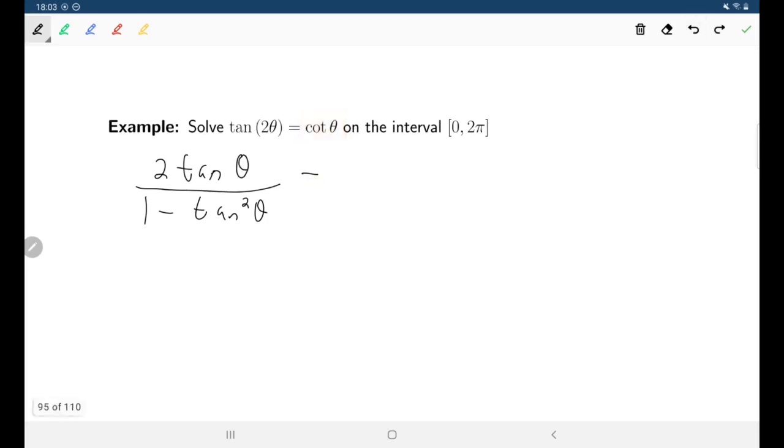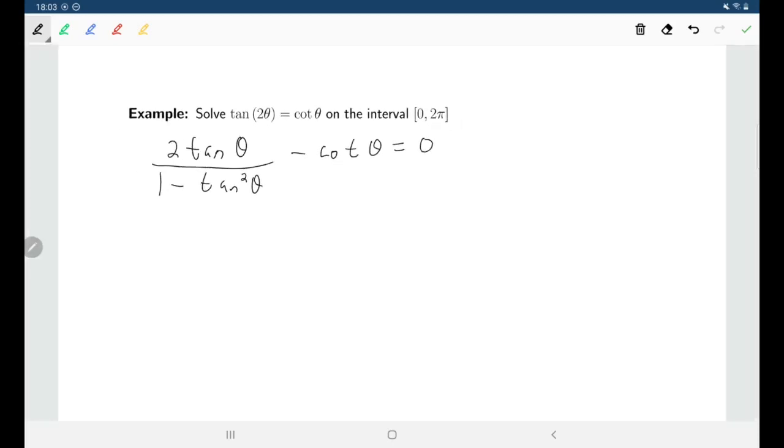So we have 2 tangent theta over 1 minus tangent squared theta minus cotangent theta equal to 0. Now, I might be thinking about the fact that the first term is all with tangents and the second term has a cotangent, so it might make sense to take that cotangent and rewrite it as 1 over tangent.